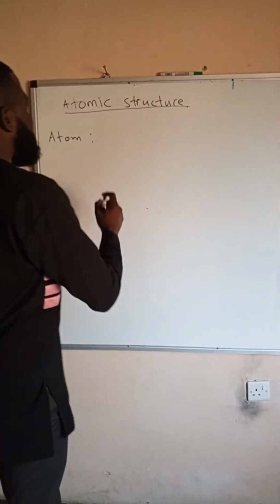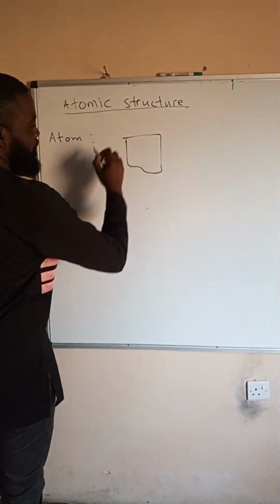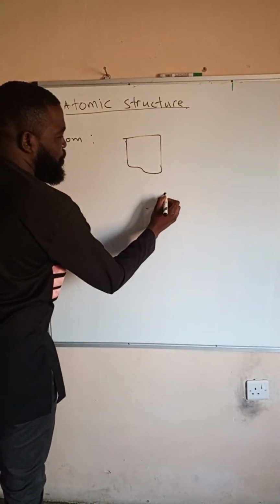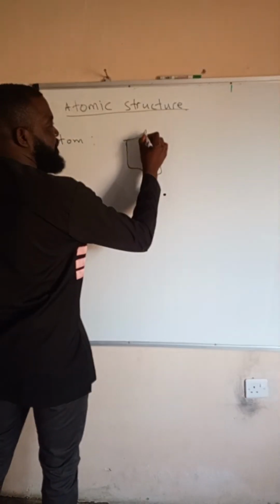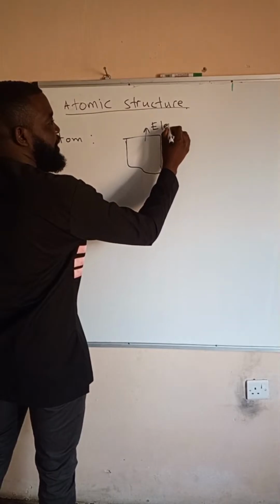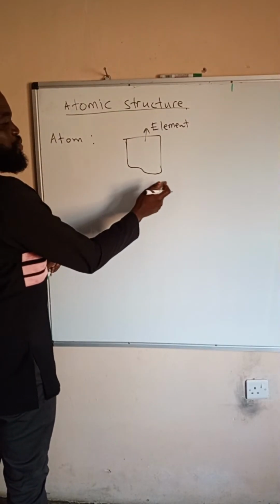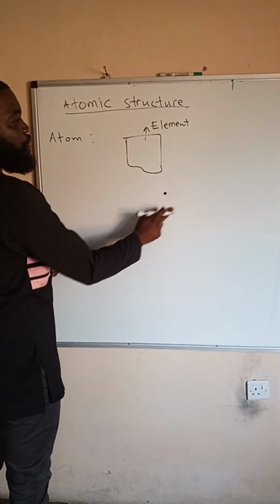Okay? So, if this is an element, you crush it, and then you get the smallest particle of this element. That is what is called an atom.